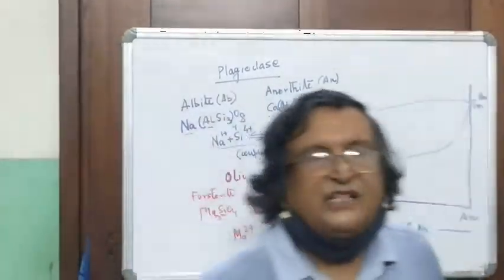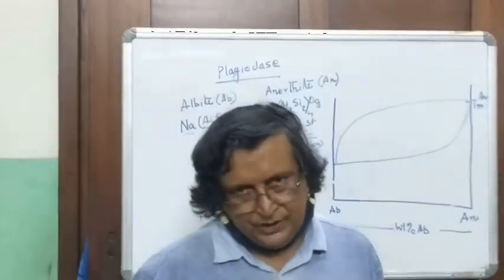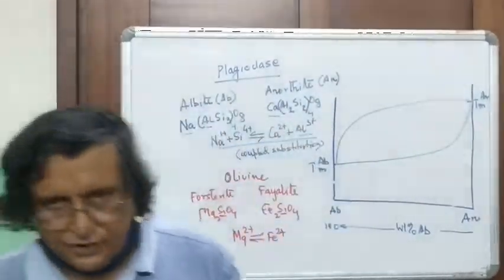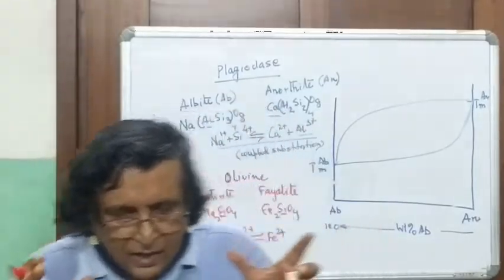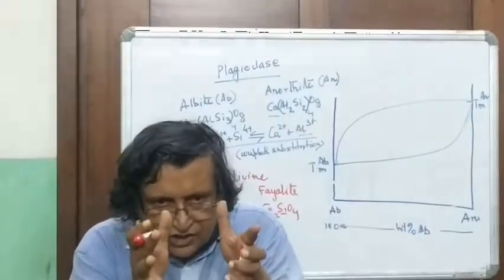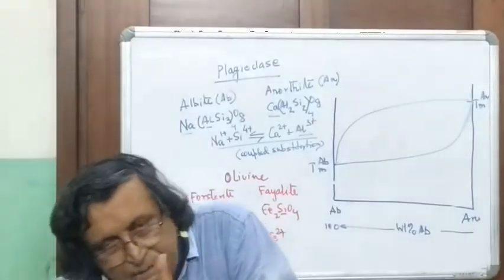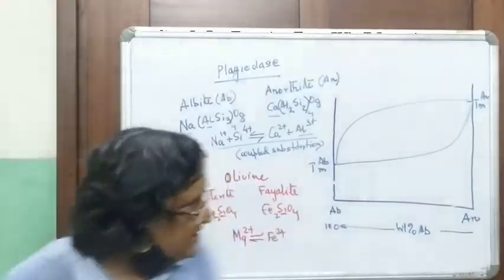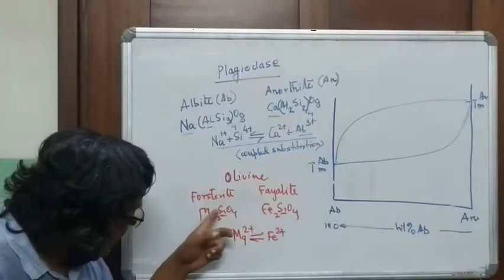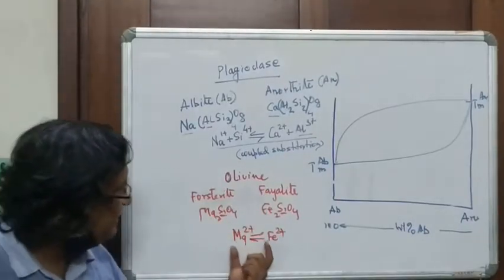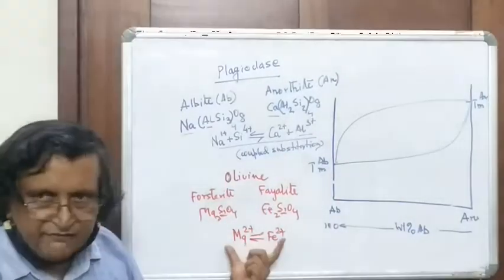So this is called diadochic substitution, where substitution only occurs in a particular crystal site and the other sites are independent of it. This is how olivine changes its composition by replacing magnesium by iron and vice versa.